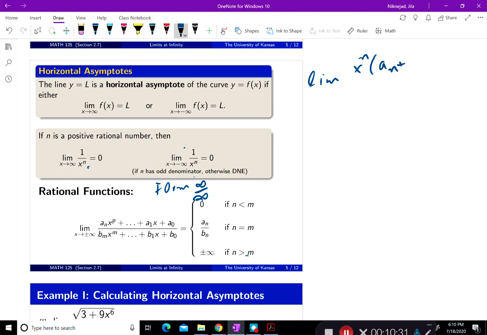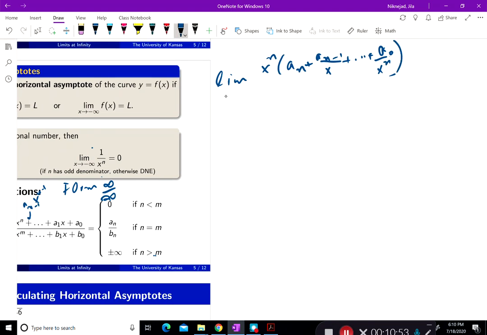So this is a_n x to the power n, then the next one is a_(n-1) x to the power n minus 1, and so I will have a_(n-1) over x, and it goes on, and then add a_0 over x to the power n. And then x goes to plus or minus infinity.